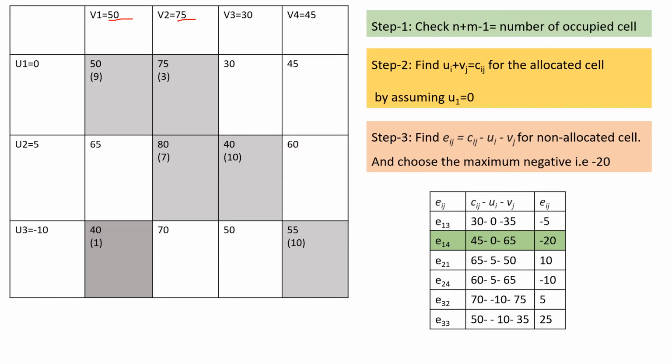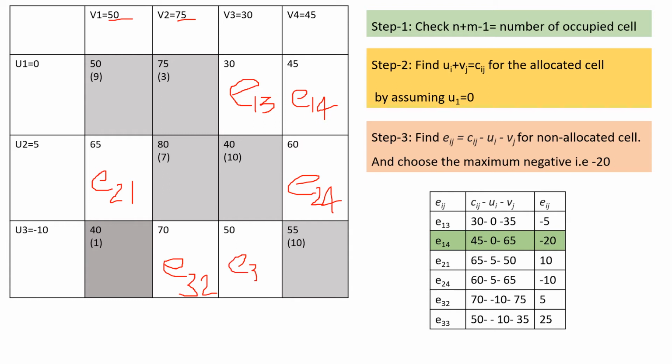Here the non-allocated cells are this one, E13, and this one E14, and this one E21, and this one E24, and this one E32, and this one E33.